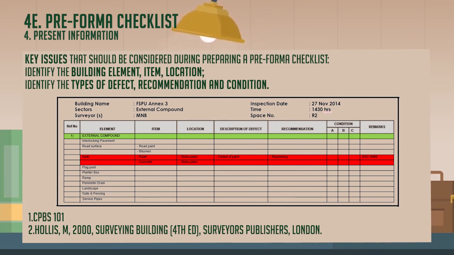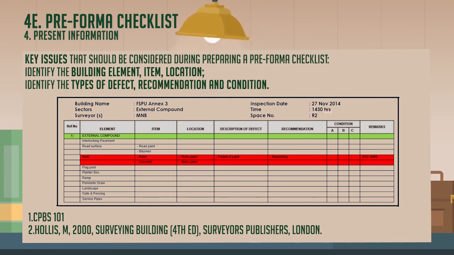How about the location of the paint and concrete? It is located at the parking area or bahu jalan. Then, what is the description of the defect? At the moment, a building surveyor will use the skill of diagnosing building defects. For example, a defect found on the curb is faded paint.